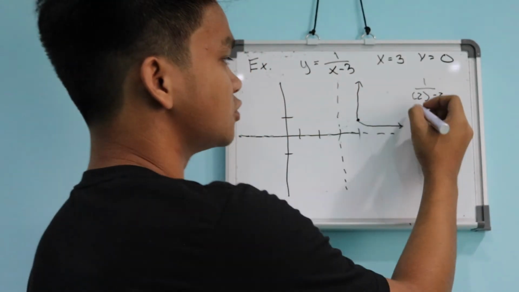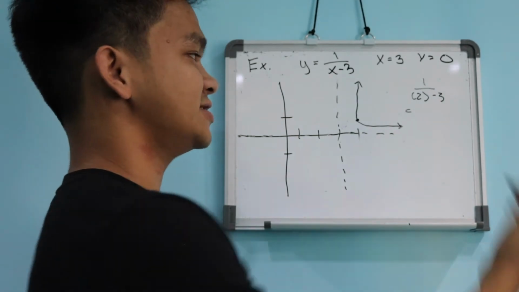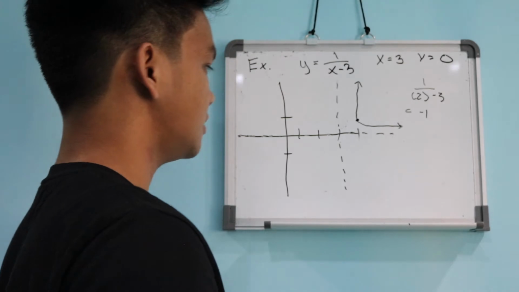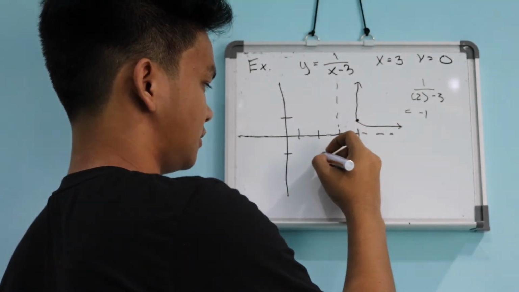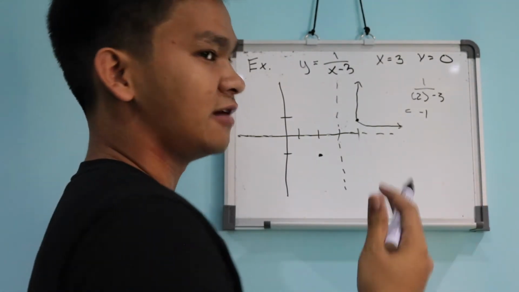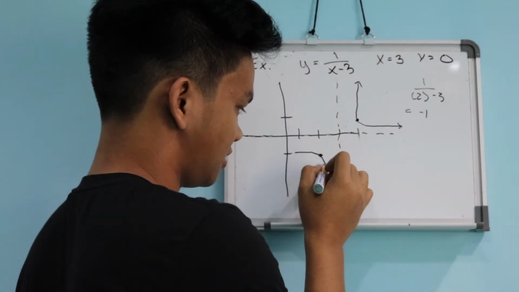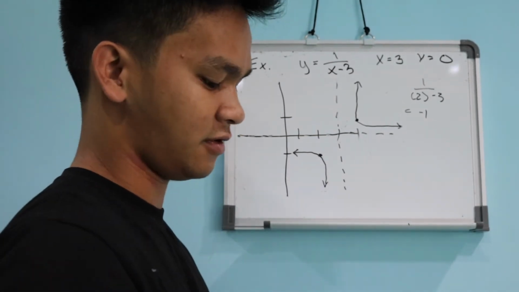As you can see, 2 minus 3 is negative 1, and 1 over negative 1 is negative 1. So we're going to plot the point 2, negative 1. We can say that the left side of our function is downward. So that is our graph.